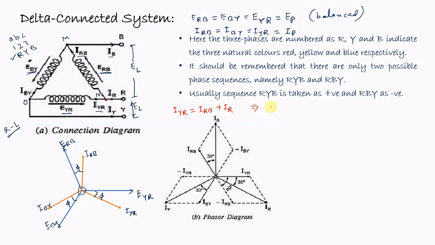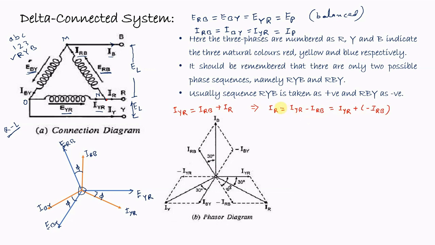From this relation we can write IR is equal to IYR minus IRB, or we can write IYR plus minus IRB. Remember, as we have already seen, for a balanced system the magnitudes of the phase currents are equal.